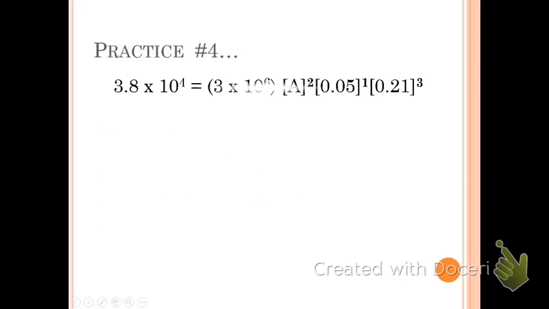When you set this up, here we find that we are solving for A. But I want you to pay particular attention to the fact that A is to the second power.